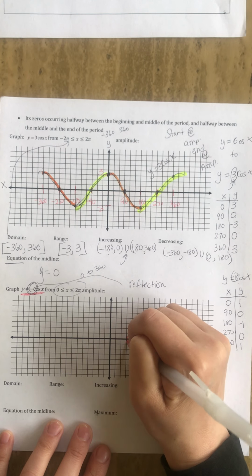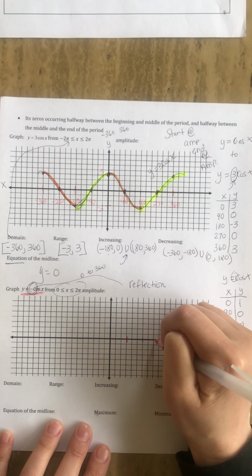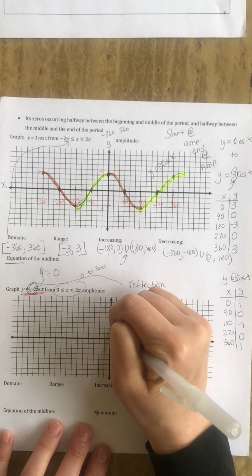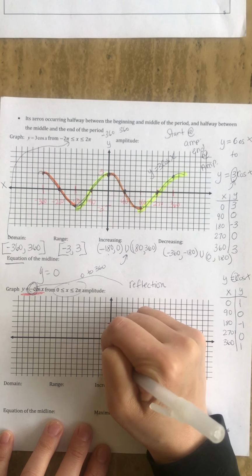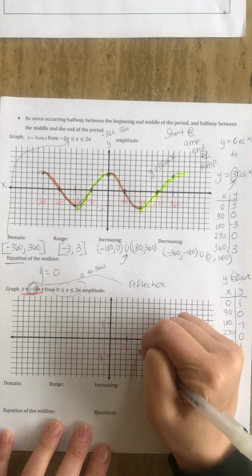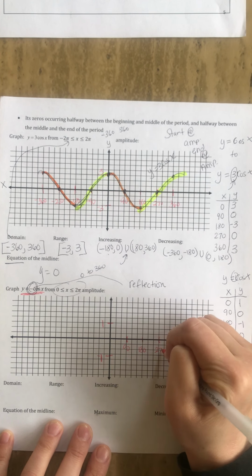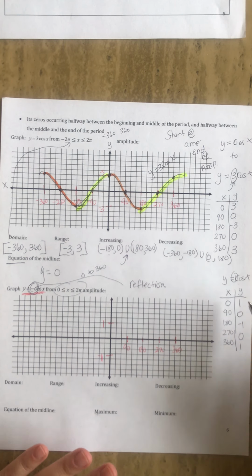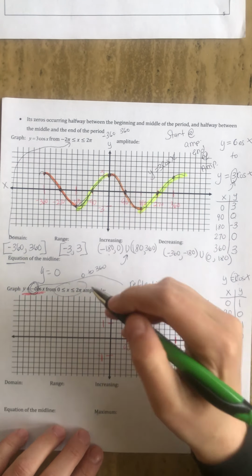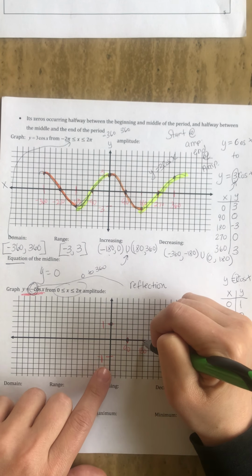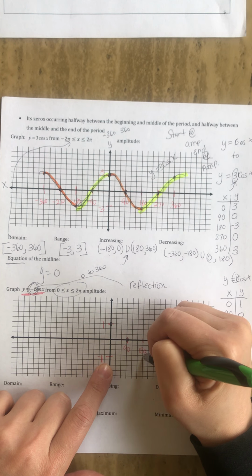So that's 1, -1, 90, 180, 270, 360. Okay, and again, I'm just graphing y is equal to cosine x. So we start at 1. We focus in on our 5 key points here.